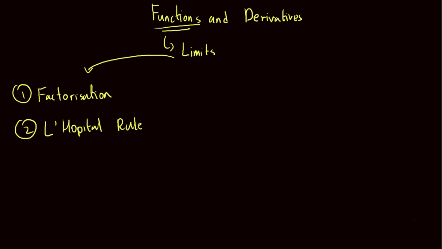For factorization, which is normally the common way to do a limit, let me just give a problem straight away. Let's say we have the limit as x approaches 0 of (x squared minus x) over x.